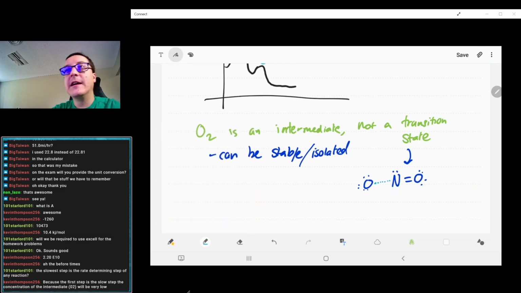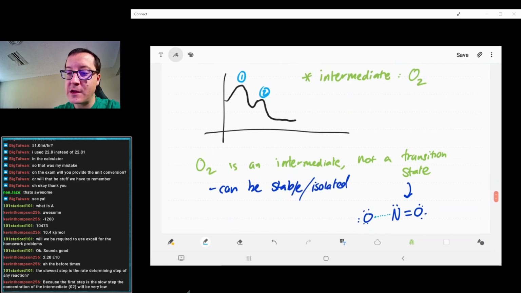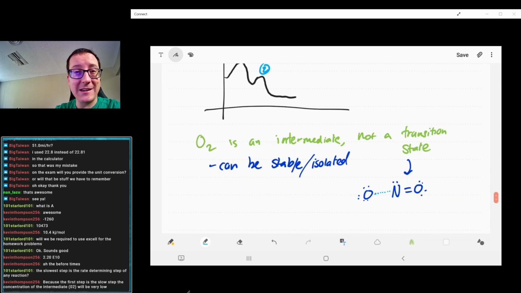It's not something that we can isolate. Remember, transition states are something that we can't isolate. They're not stable. They are energetically very high. That's why they're at the highest point on this graph. We can't isolate it, and it would either go back down to where it started, or it would continue on in the reaction. It's kind of halfway through reacting.